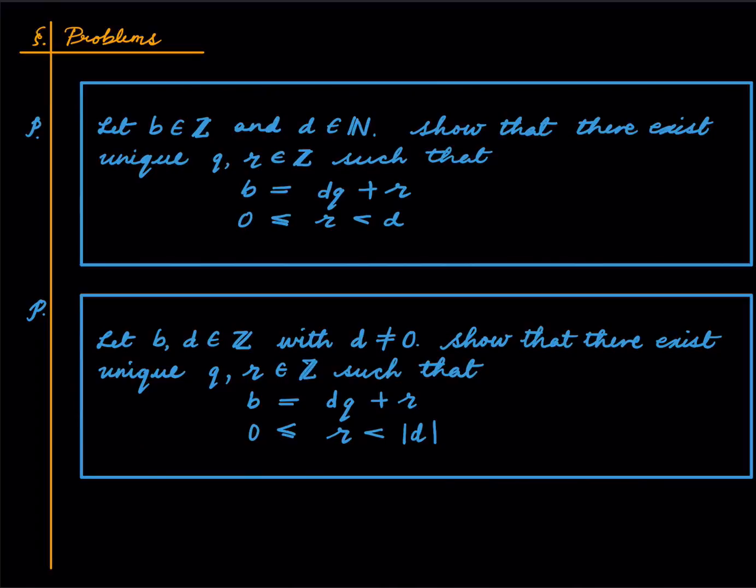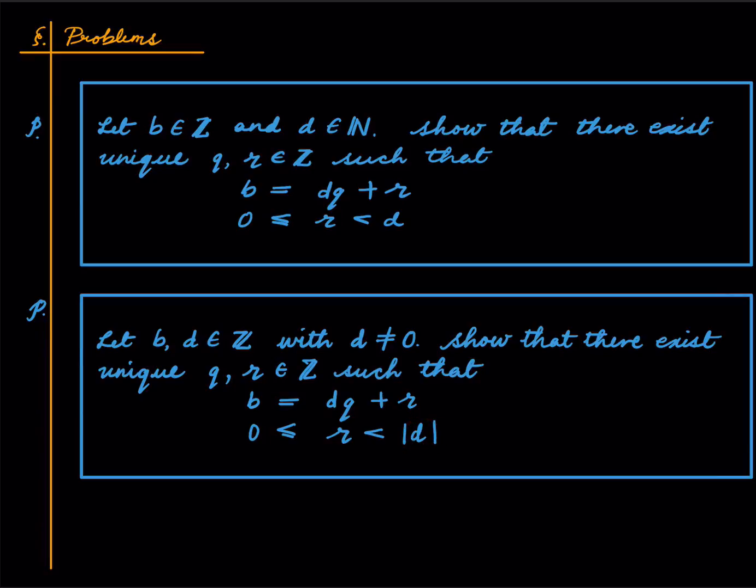Alright, so these are two exercises. We extend our division with remainder for the dividend being not just a positive integer but an arbitrary integer, and you get the same conclusion. Nothing changes. And in this one we even extend our divisor to be an integer, but note that the conclusion here is somewhat the same, but one has to be somewhat careful.